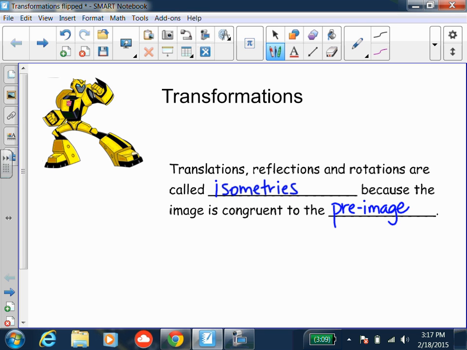So what that means is if we translate it, move it across a coordinate plane, if we reflect it, which means we flip it over, find the mirror image, or if we rotate it and turn it around, no matter what, if we do those three things, then the image and the pre-image are always congruent to one another. Now, when we have a dilation, we stretch and shrink it. Obviously, those are not congruent.